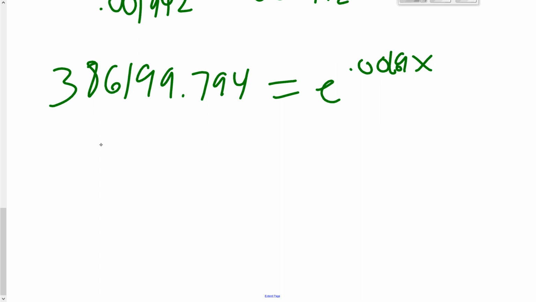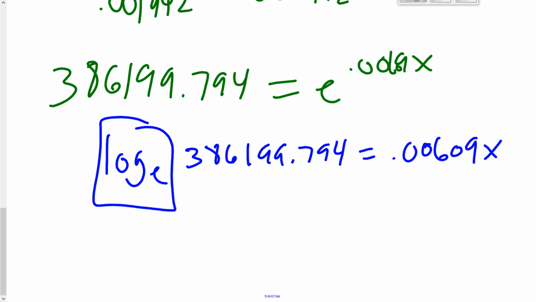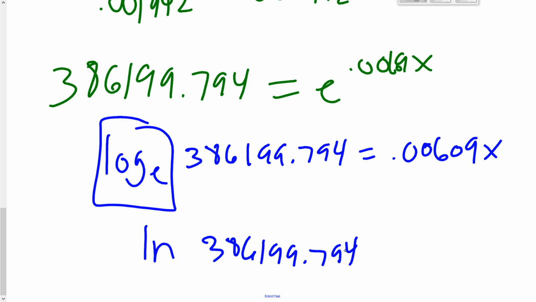It could be log base e of 386,199.794 equals my exponent, 0.00609x. This button is in your calculator. It is the LN button. So you can type ln of 386,199.794 equals 0.00609x.